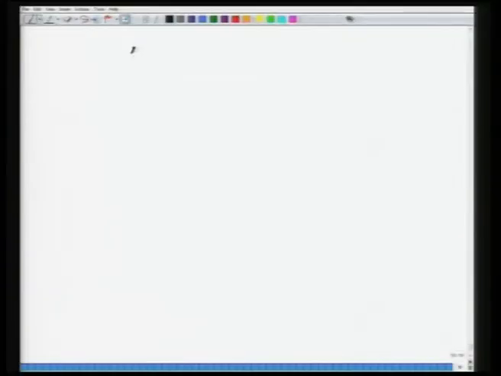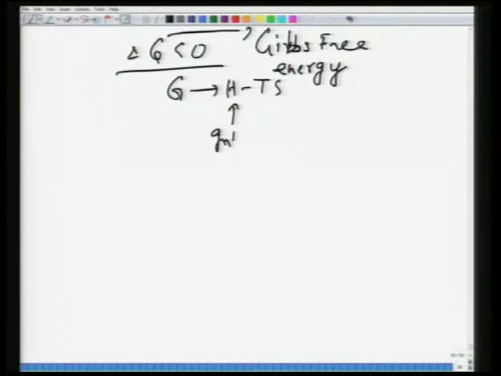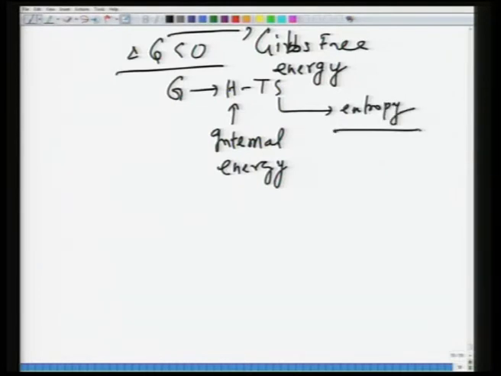For any stable system, delta G must be negative, where delta G is your Gibbs free energy, and G is composed of two terms, H minus TS, where H is enthalpy, which represents internal energy, and S is entropy. So these two factors have to be taken into account to calculate delta G. We must know delta S and we must know delta H.